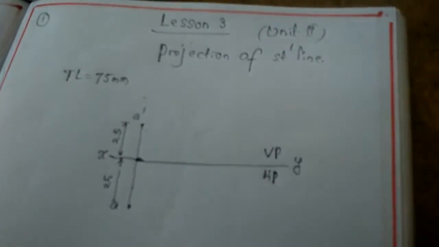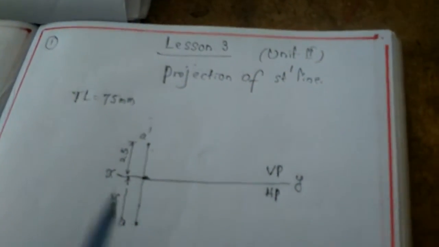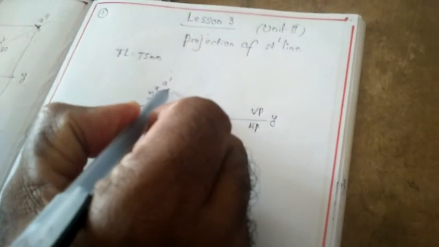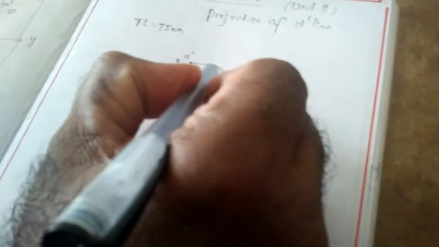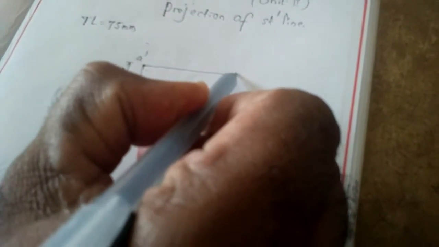Once this is parallel to HP and parallel to VP, front view is parallel. This is A dash. The total length is 75, so 75 parallel to XY. This is B dash. This is the total length, nothing but true length is 75.